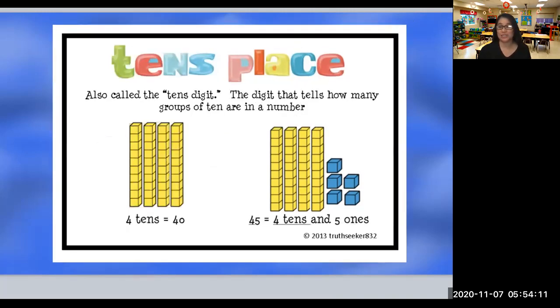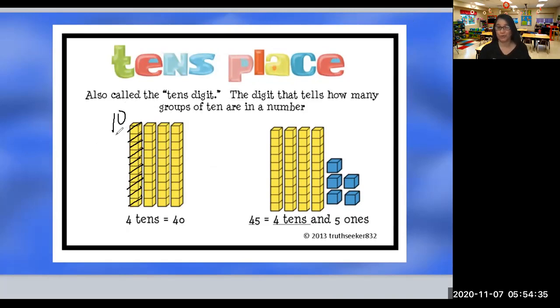Now, let's all look at the yellow blocks. Can you count with me? 1, 2, 3, 4, 5, 6, 7, 8, 9, and 10.